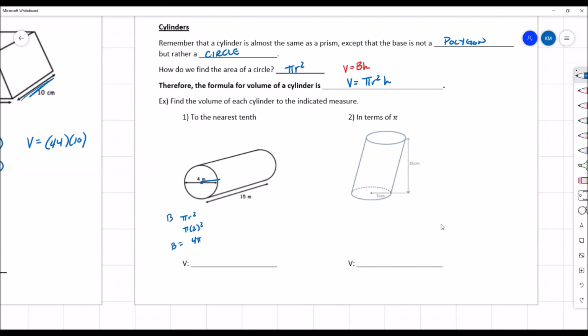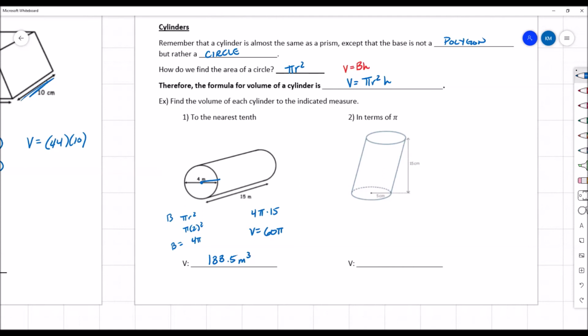Our height is 15, so 4 pi times 15, and that gives us 60 pi. Okay, so our volume is 60 pi. Now, the question asks us to go to the nearest 10th, and so we're able to do that in our calculator. Get about 188.5 meters cubed.